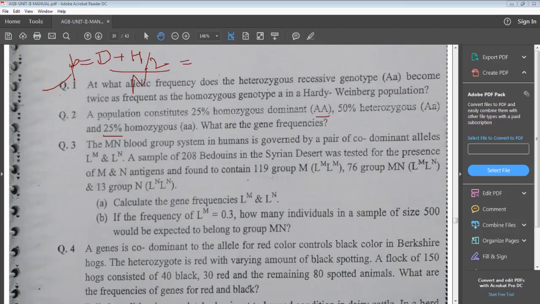Now we have D, the dominant, as 25, plus H by 2, which is 50 by 2, that is 25. Total N is 25 plus 50 plus 25, that is 100. Okay, that will give us 50 by 100. So in that particular situation, P is 0.5.